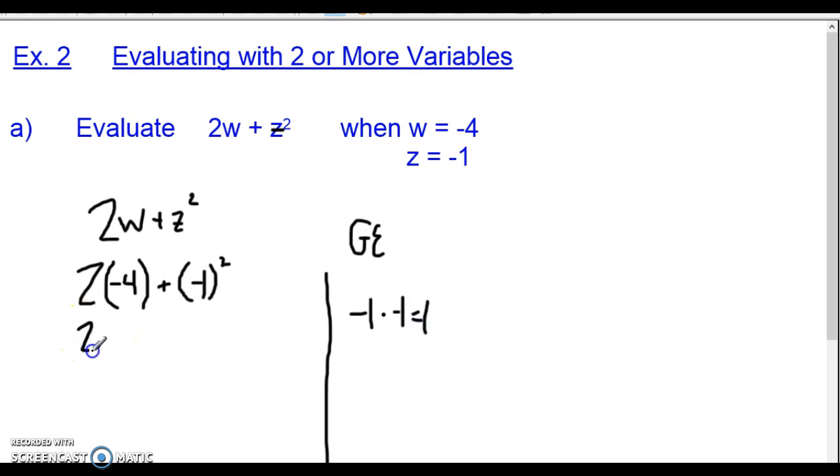So now I'd have 2 times -4 plus a positive 1. 2 times -4 equals -8 plus 1 equals -7. As you can see, everything you learned in Chapter 3, order of operations, multiplication and addition of negative and positive integers, is extremely important to continue practicing in this chapter.